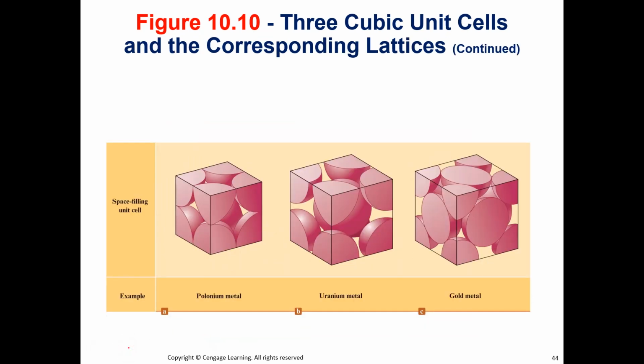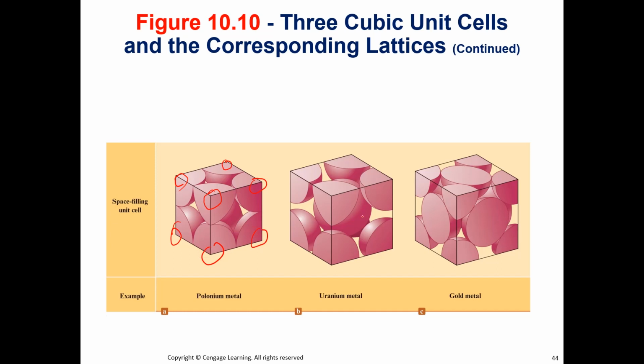This here is a three-dimensional representation of those unit cells. If you look at just one of the unit cells, we've cut this off at the corners, so you can see one of the corners here. We have one ion at each corner of this simple cubic unit cell.